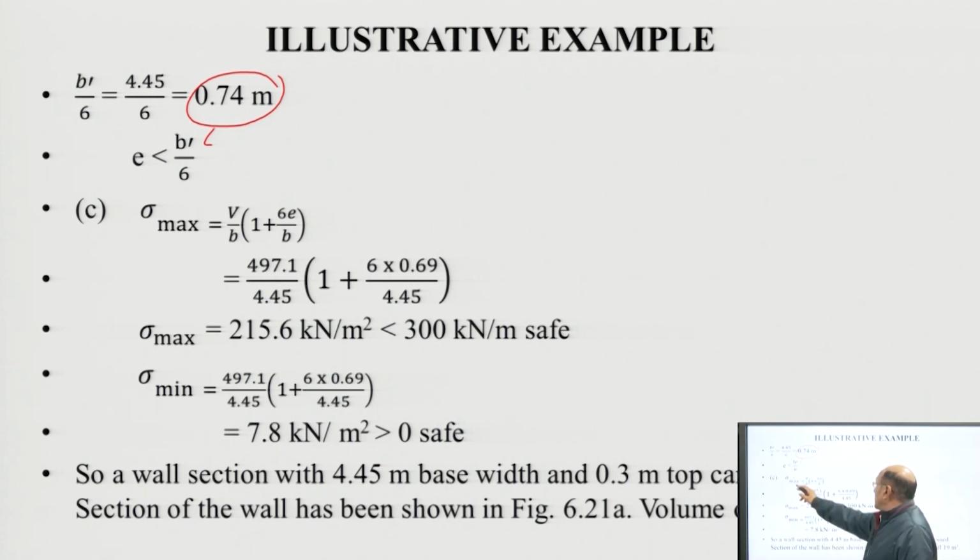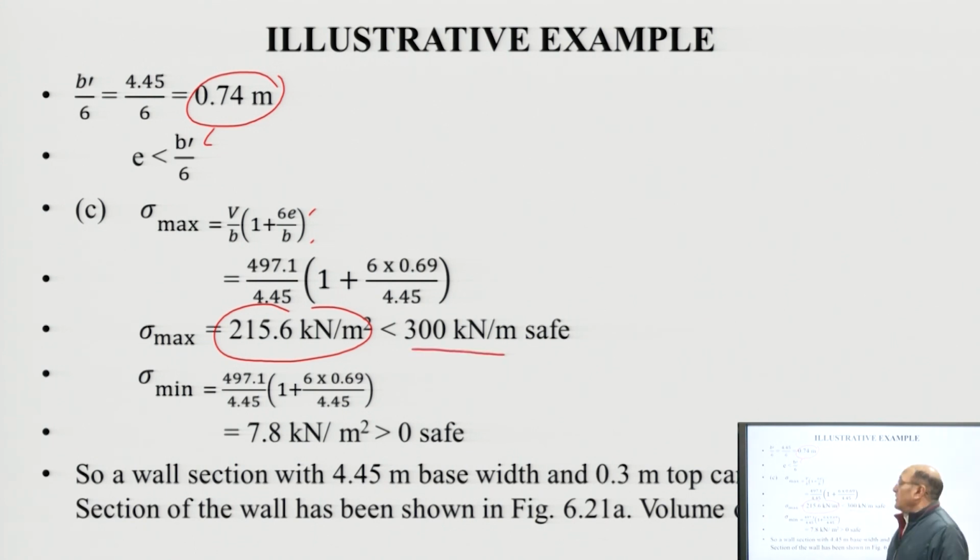So, we can calculate here sigma maximum, V by B into 1 plus 6 E by B. So, it is coming 215.6 kilonewton per meter square, which is less than 300 kilonewton. So, it is safe.